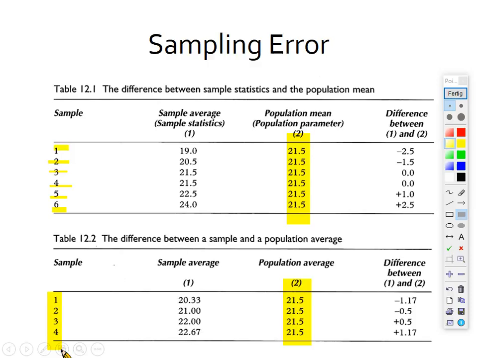Let's look here. This is the first sample. The average sample statistic is 19 to 24, right? And the difference between these two is negative 2.5 to positive 2.5.